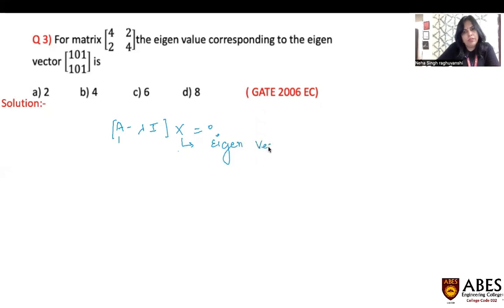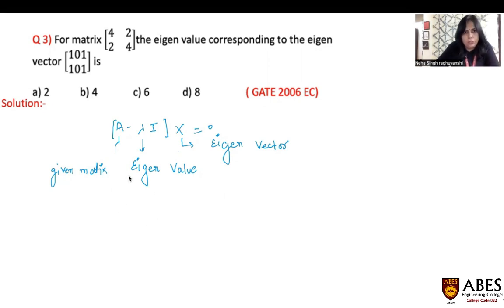This is the eigenvector. This one is the eigenvalue, which is required. And A is the given matrix. This is a very important equation. In my earlier video, I have discussed this equation.